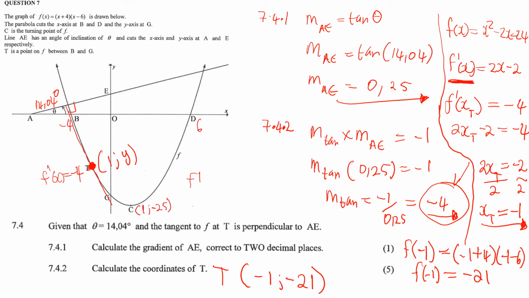We had already calculated the gradient using our knowledge from paper 2: we are given that the gradient of the tangent is perpendicular to AE, and we had already solved for the gradient of AE. We simply multiply and solve for the gradient of the tangent, then differentiate, and we know that first derivative is the same as the gradient, which is -4. We just replace and solve for x at t, then go back to our original function, replace our x, and solve for y. So that's basically what we did there.